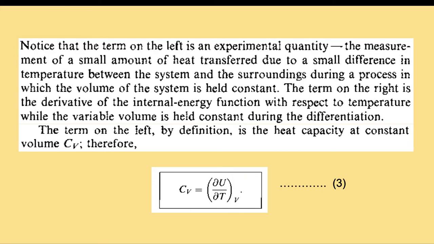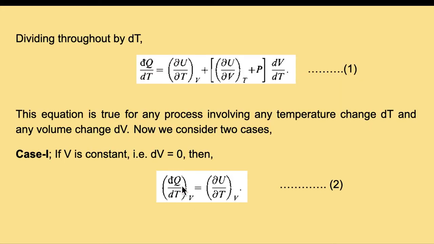We have already mentioned the specific heat capacity as heat, that means ΔQ by ΔT. You have written that equation. And when it is at a constant volume, you are calling it heat capacity at constant volume. And normally you are defining heat capacity as the amount of heat energy required to raise the temperature of a substance through unit change, that means 1 Kelvin or 1 degree Celsius.